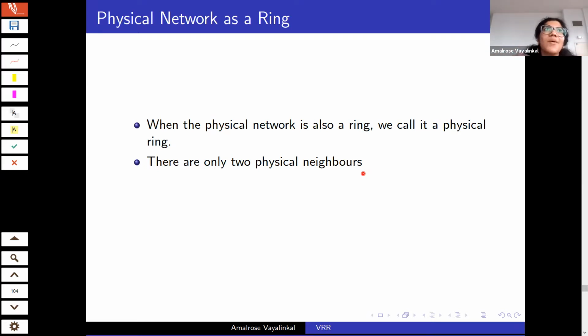This helps with computation of routing table size because we know the bare minimum that every routing table will have: the two physical neighbors and the two virtual neighbors. Either all four are distinct, so the routing table is at least size 4, or one of the virtual neighbors is a physical neighbor, and then it's 3, or both of the physical neighbors are the virtual neighbors, and then the routing table minimum size is 2.